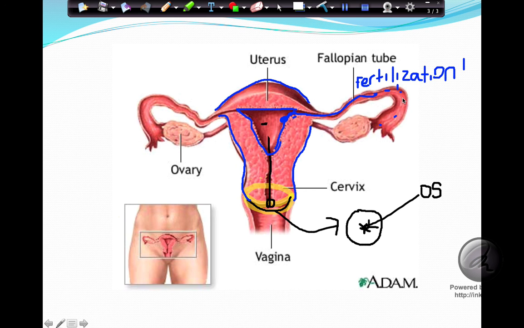Occasionally that doesn't happen, and you can have a tubal pregnancy, which can be very complicated, where it actually embeds in here. You can imagine this very narrow passageway wouldn't be very conducive to the fostering of a fetus. It's not like the pillow-like structure that occurs here in the uterus. But that's the fallopian tube.